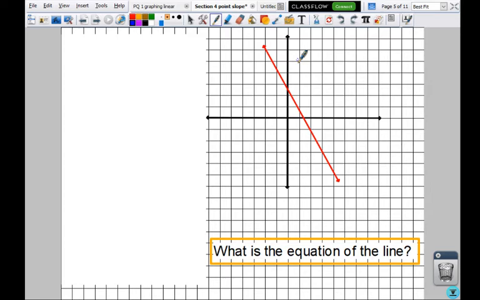Yeah, this one looks exact to me. And then find your slope. Is it negative 3 over 2? No, find your slope.